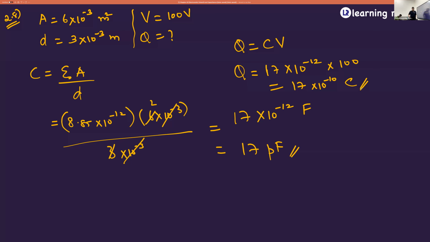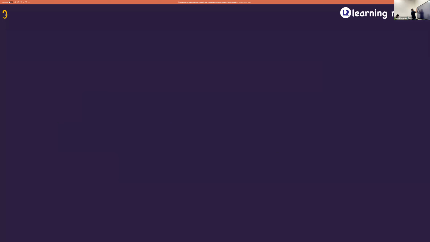2.9. Initially it was air, right? And the distance of separation between them was 3 millimeter. Now they say you take a mica sheet and insert it between the plates of the capacitor, and the mica sheet has a dielectric constant of 6.